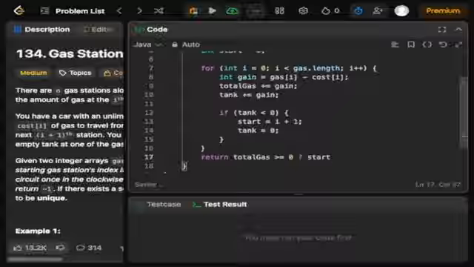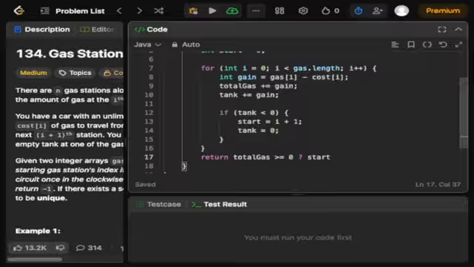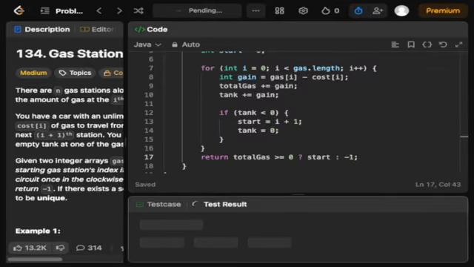That means that there's plenty of gas to make it around, and because it's a unique solution, the first index that we found is the one we'll return. Otherwise, return -1. Okay, we'll go ahead and run that.